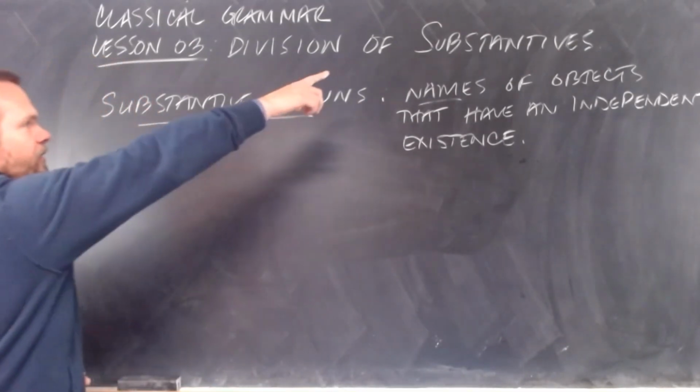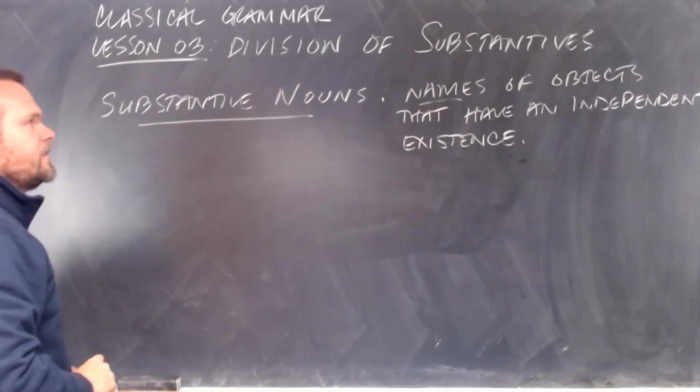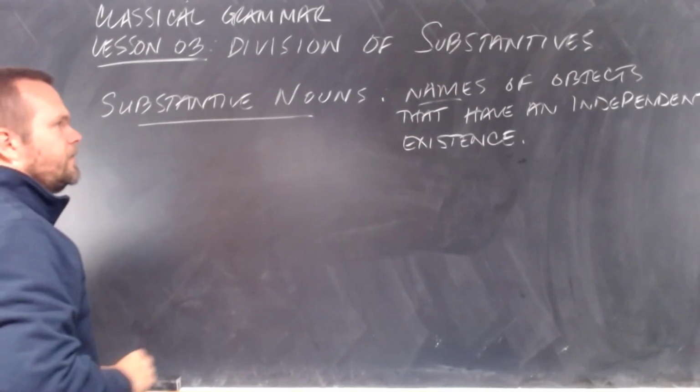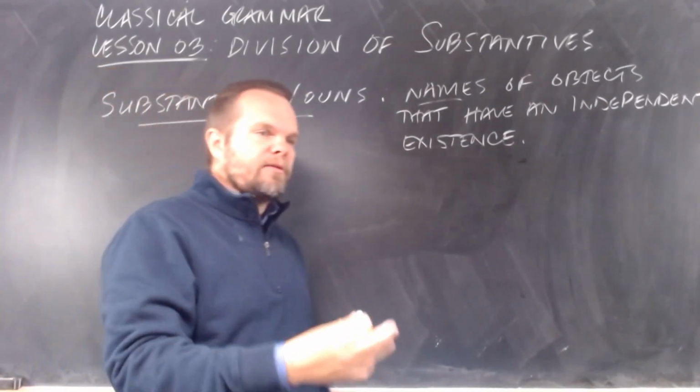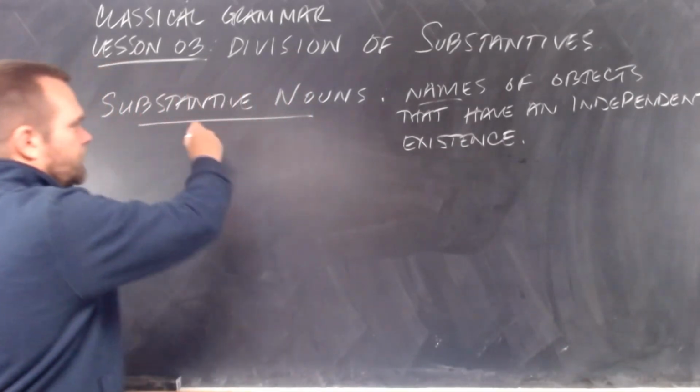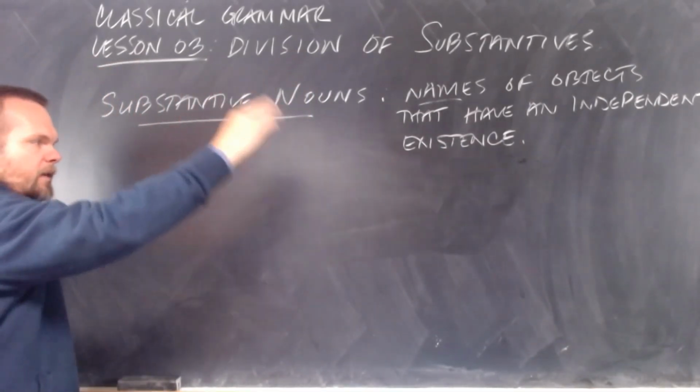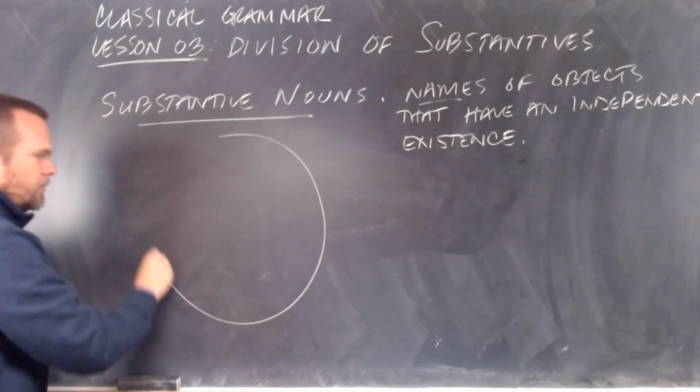And the title of our lesson in Lesson 3 is the division of substantives. And what that means is the different kinds of substantives. So substantive nouns, if you take them as a genus, remember yesterday we were talking?